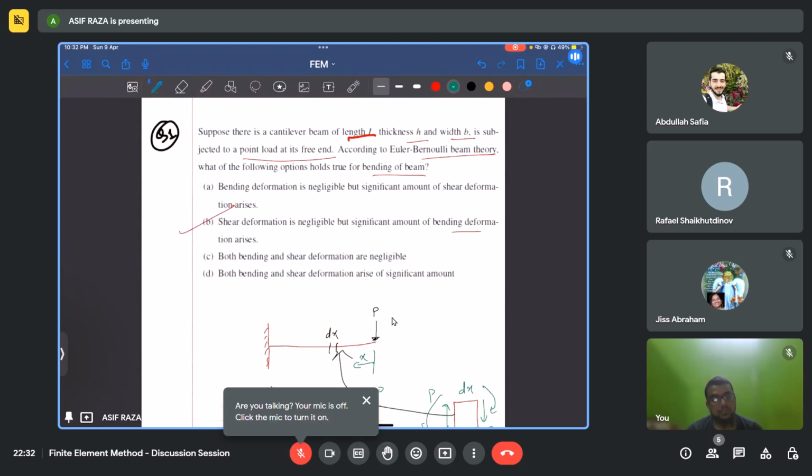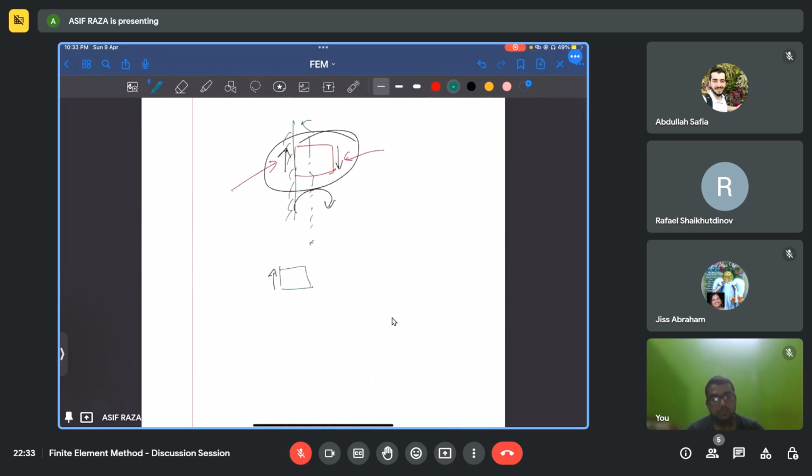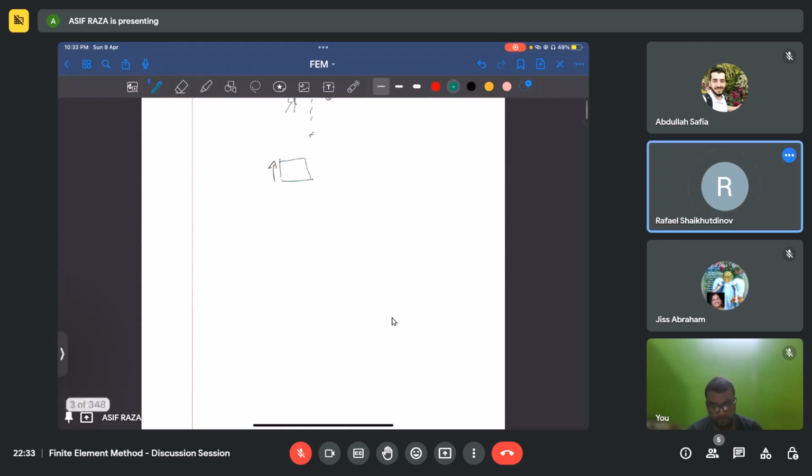When the thickness of this element has a more dominating effect, then shear deformation becomes dominant compared to bending, or becomes comparable. Then we consider shear stress and also shear deformation, and we switch to different beam theories. Anyway, I'll try to explore more about it so that I can resolve your doubt. Okay, moving on to the next question. Okay, thank you.